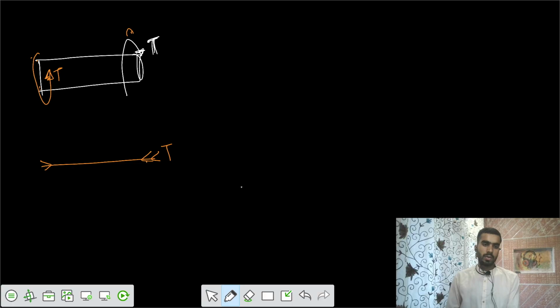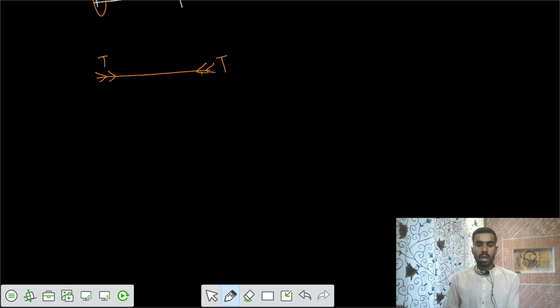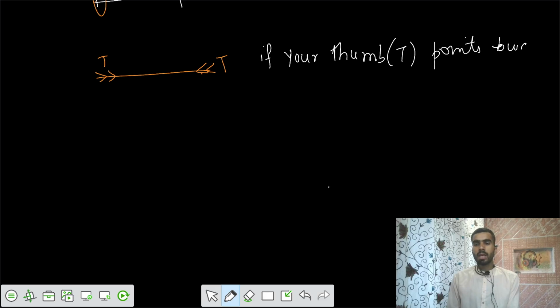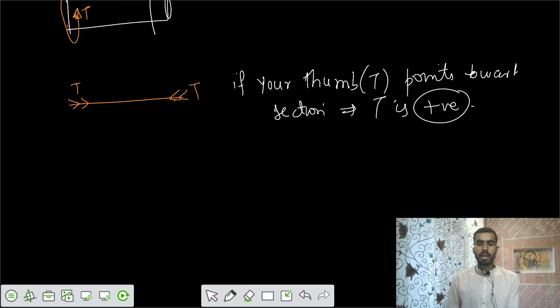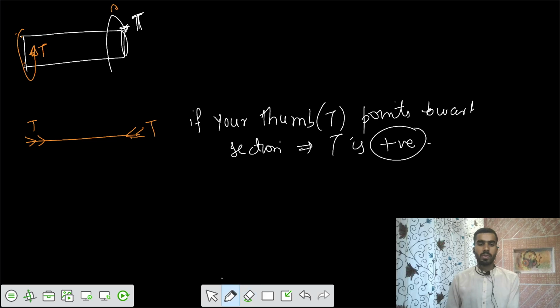So this is your T here, and we say that if your thumb or T points towards the section, T is positive. The torque applied is positive. This is your line diagram.